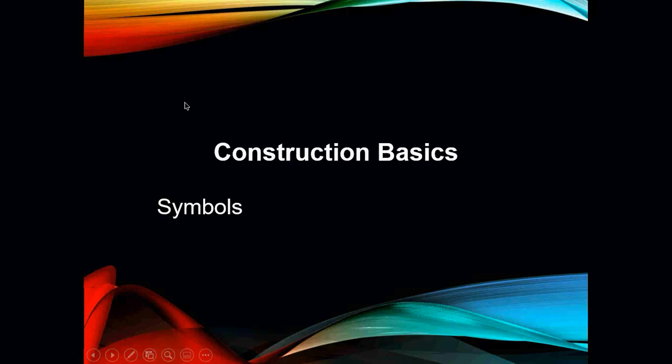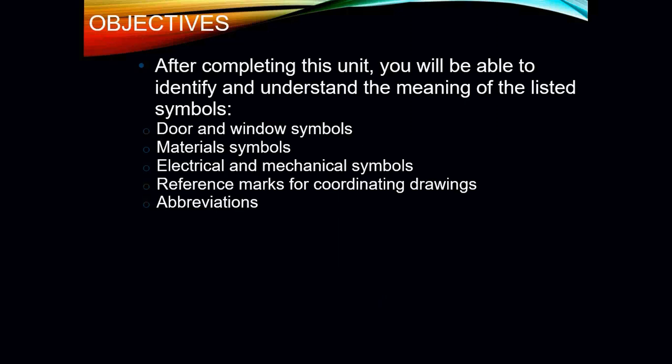In this lesson, we are going to start discussing common construction symbols that are found on many construction prints in the construction industry. So what we're going to discuss in this presentation is a couple of common door and window symbols, a couple of things with different materials, and electrical and mechanical symbols.